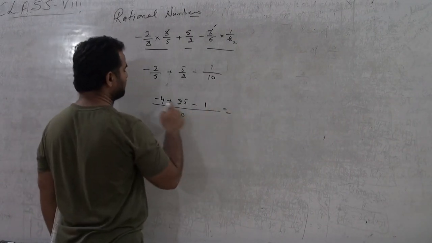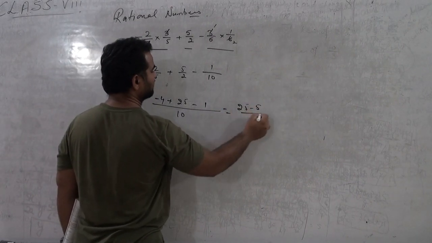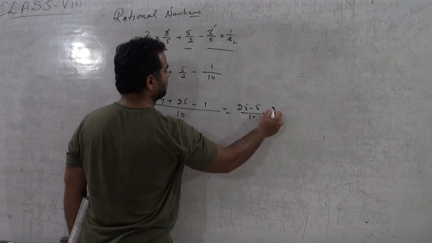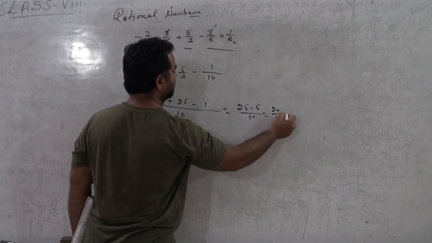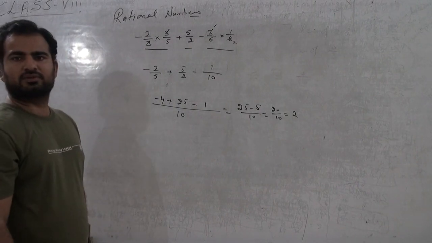So the answer will be minus 4 and minus 1: minus 24 minus 5 upon 10 equals 20 by 10, or 20 by 10 equals 2. This is our answer number first.